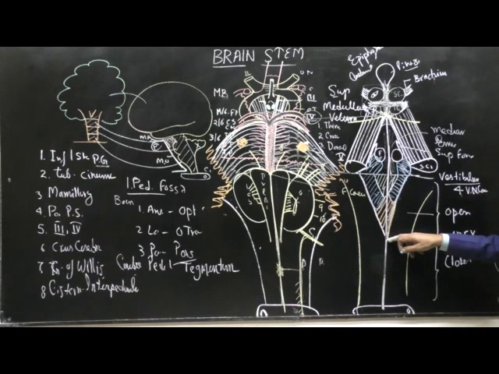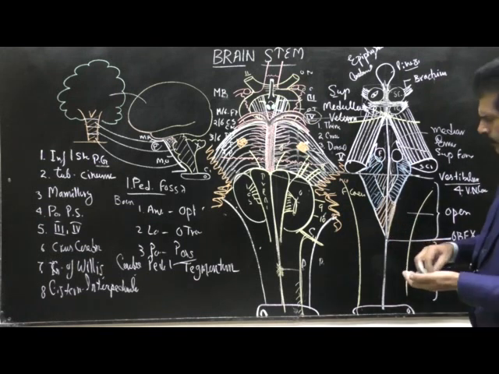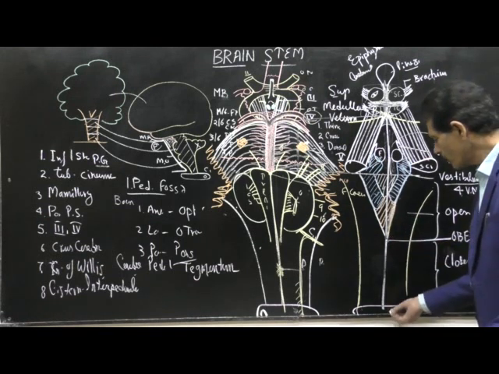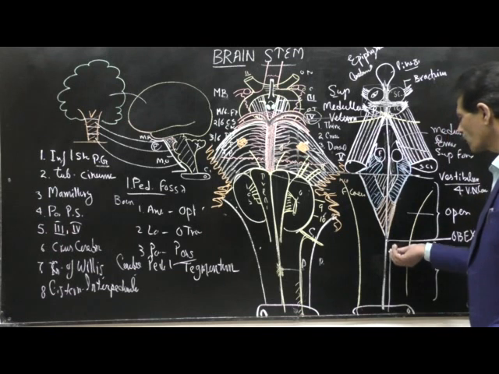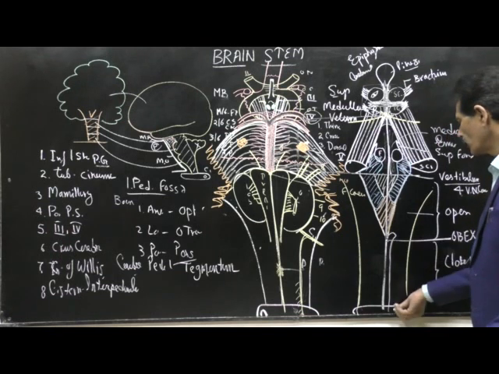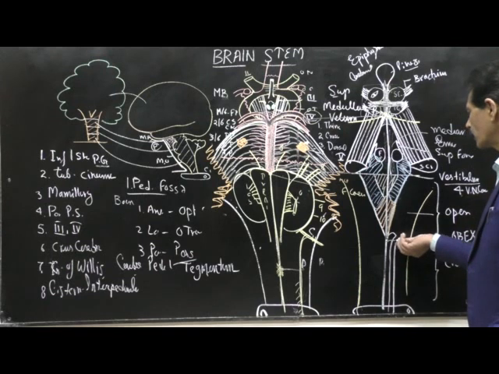The obex is the point from where the open part becomes closed, or in other words, the central canal of the spinal cord actually starts from the closed part of the lower half of the medulla. On either side of the posterior median sulcus, continued from the spinal cord, comes the fasciculus gracilis medially and the fasciculus cuneatus laterally.